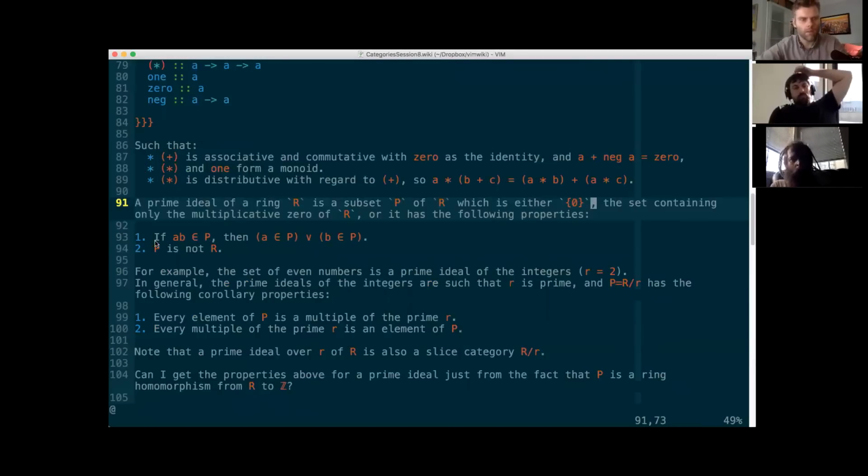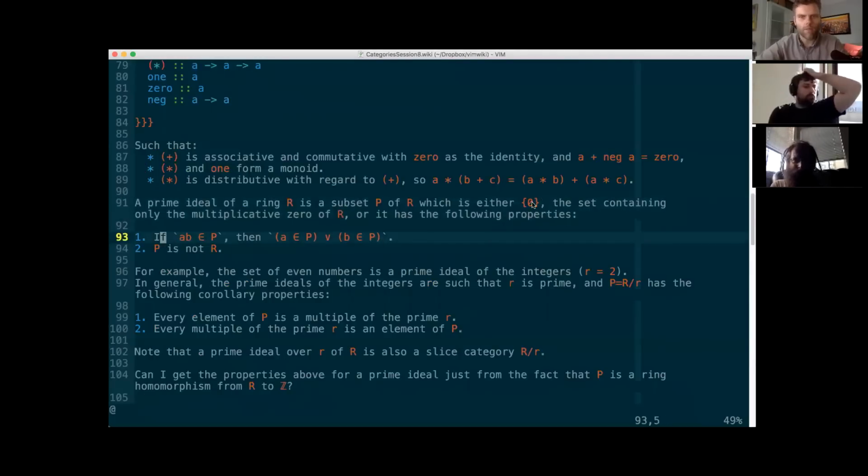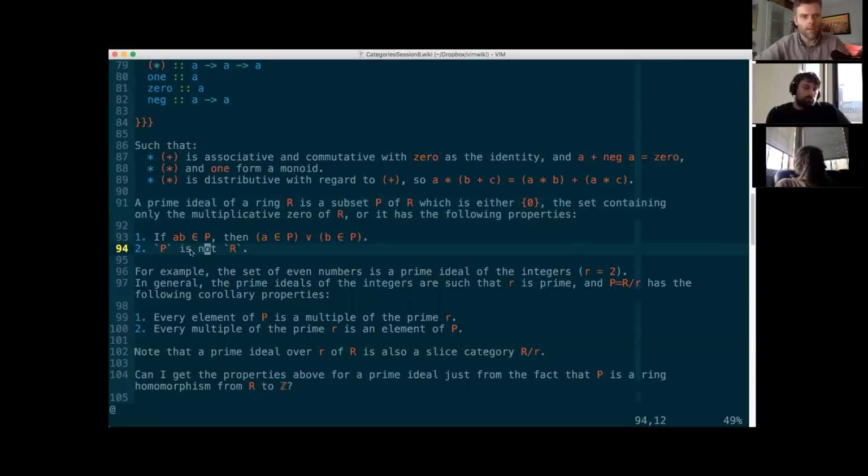What they do agree on is that it has the following properties if 0 is not considered. If the multiplication of A and B is in the ideal, then either A is in the ideal or B is in the ideal. And the other condition is that the prime ideal P is not the whole ring R. So it's strictly a subset of R.